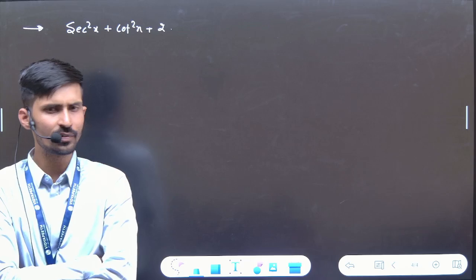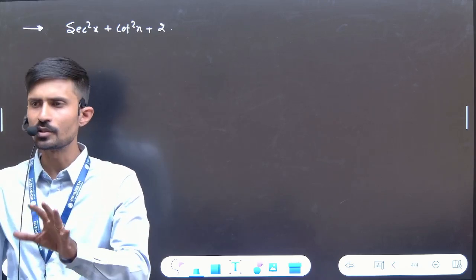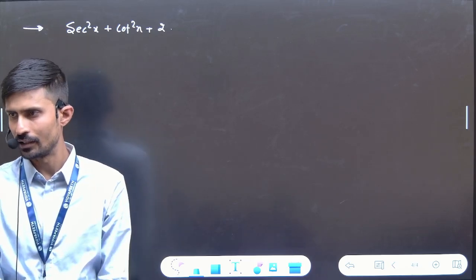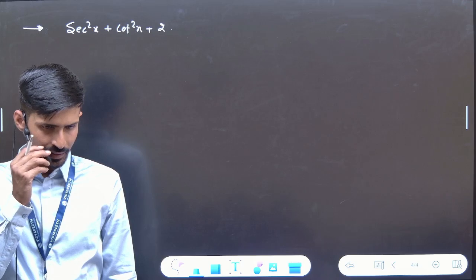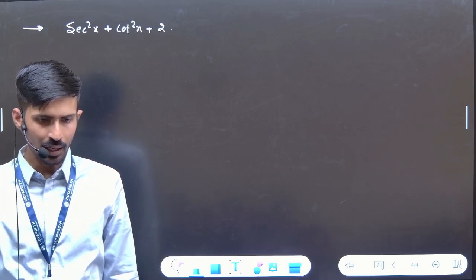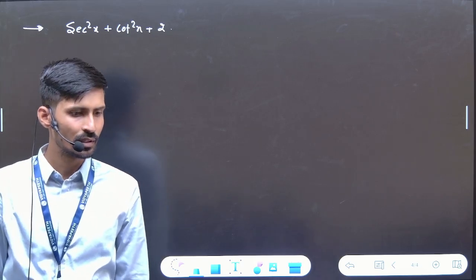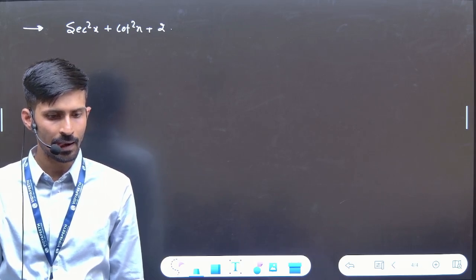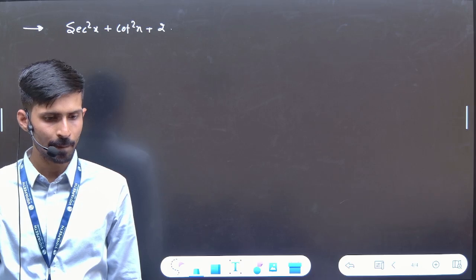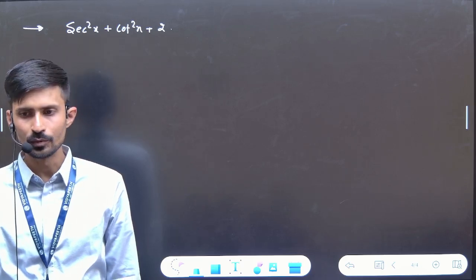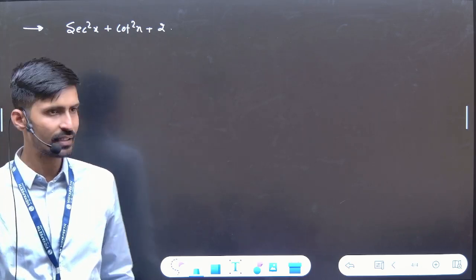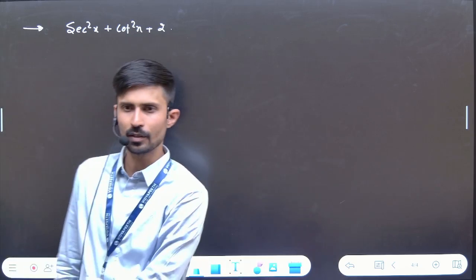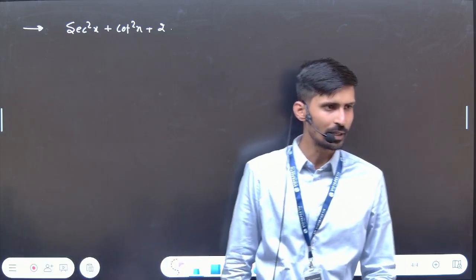No. Type 1 is very simple: 2 sin x plus 3, 2 sin square x plus 4, 5, like that. Come to type 2. What is type 2? A sin x plus b cos x. This is not a format of a sin x plus b cos x. Yes or no? Come to type 3.